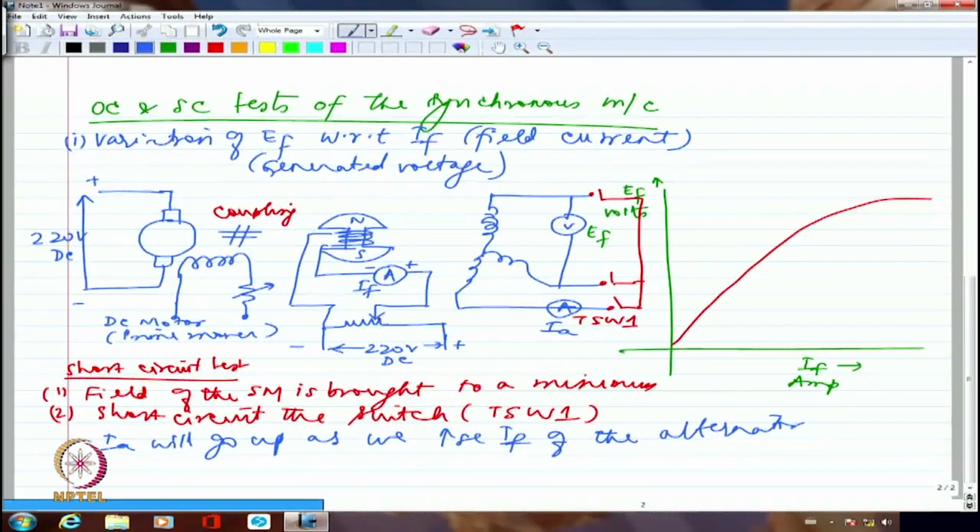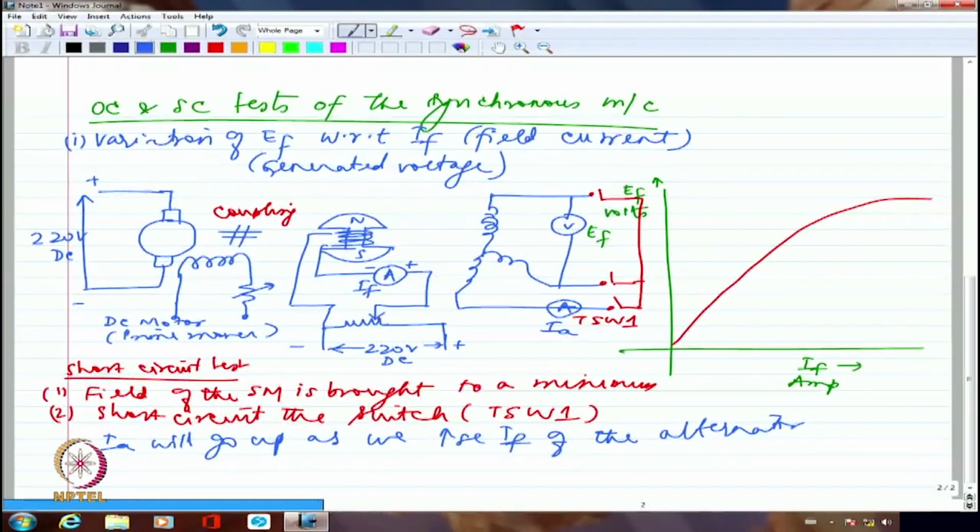If I increase IF, I'm going to increase the generated voltage. If I increase the generated voltage, clearly this current will go up. So I don't want that current to go up beyond whatever is the rated value. So if I know the rated value, I have to make sure that the current is limited to the rated value, nothing more than that.